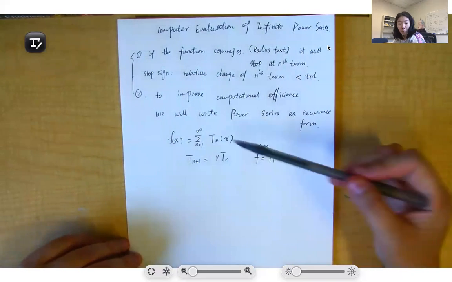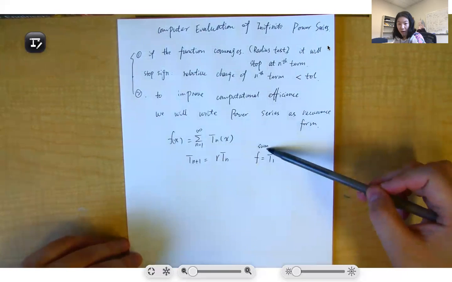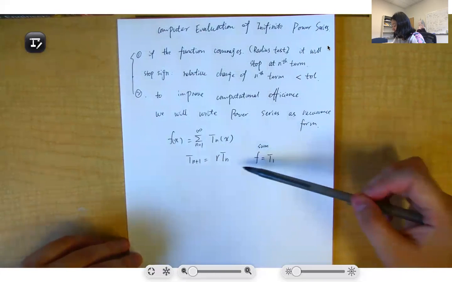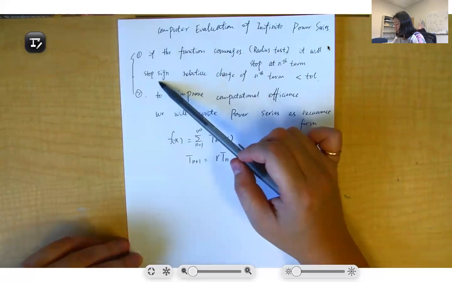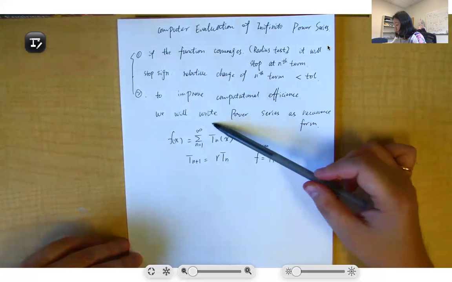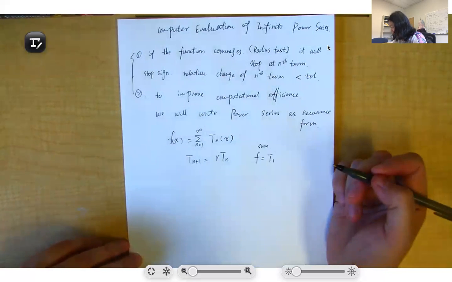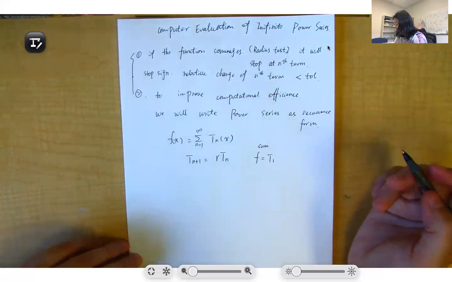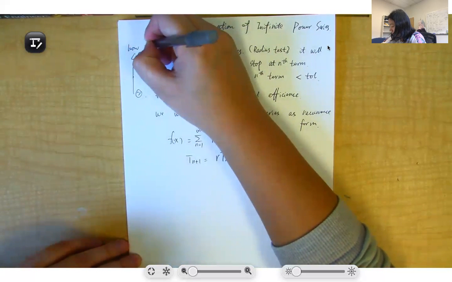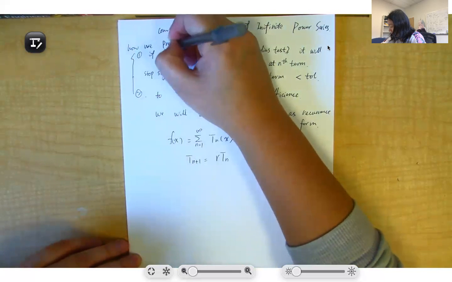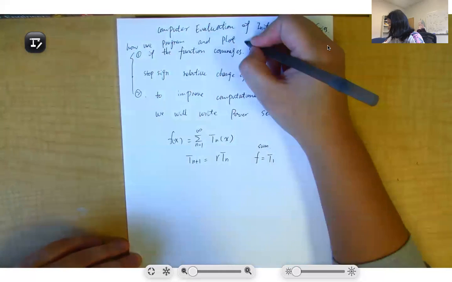And when we do the loop, each time we loop one term and add it into this sum, until it hits the stop sign, and then we stop the program. So all of this will be in a loop with a recurrence form. This is how we program and plot the power series.